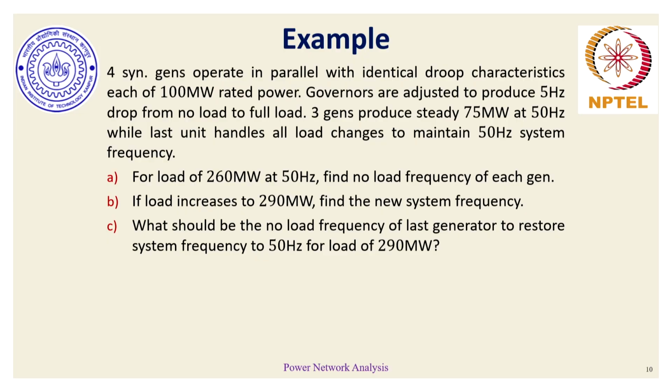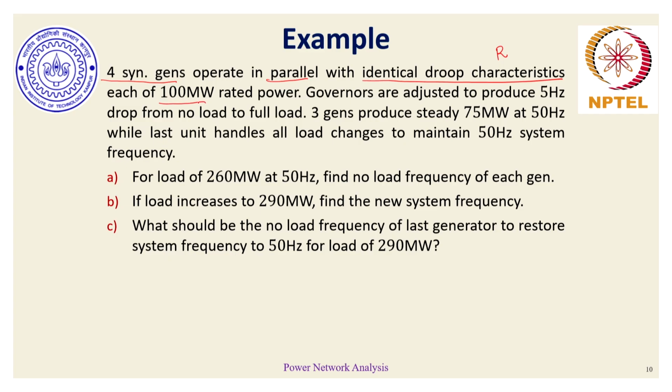We'll conclude this discussion today with a simple example wherein we consider 4 synchronous generators placed in a particular power plant, and that they are all operating in parallel. Their droop characteristics are all identical. That means their speed regulation or droop value is same, which is R. And each of these units are rated at 100 megawatt each.